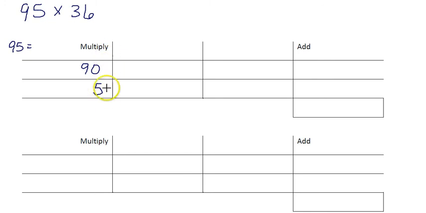Now you can see how both of these come into play. So we have 90 up here and we have 5 down here. Our 10's up here and our 1's down here. And 36 in expanded notation is 30 plus 6. And now we are using all of our spots here.